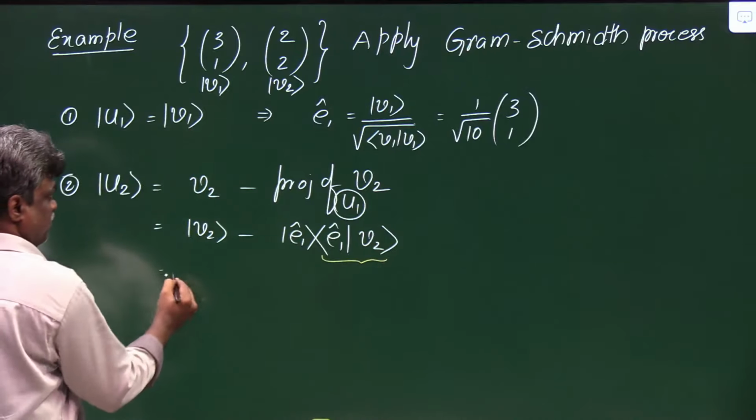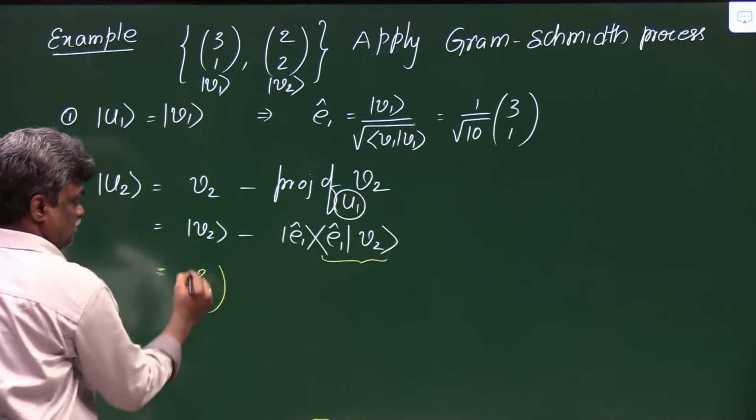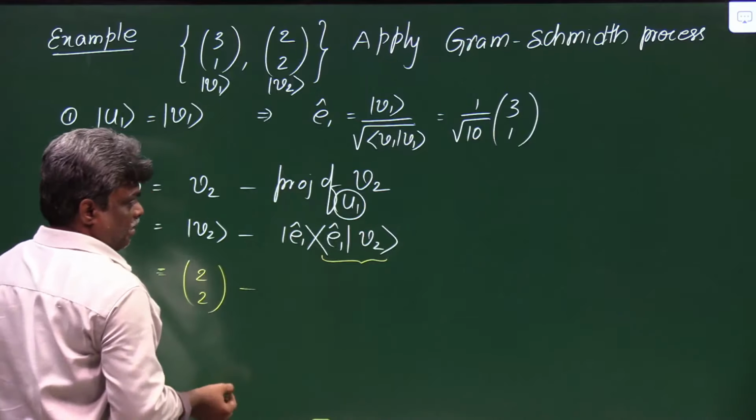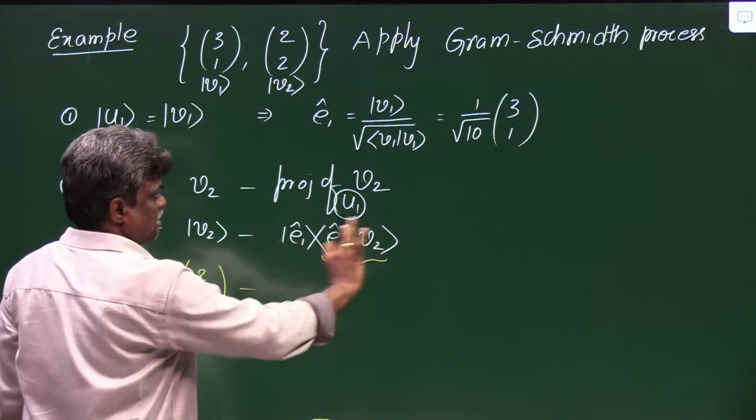Now let us find this v2, given v2 as it is, which is (2, 2), minus, and here we have this inner product. Let us write this in matrix form.